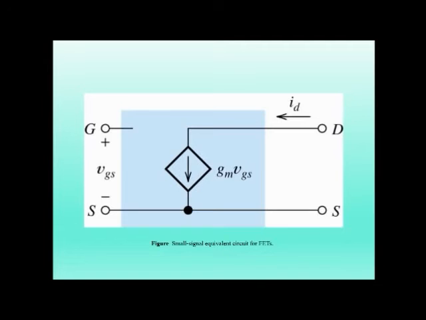Now this was about the small signal analysis or the small signal equivalent of the FETs. This is the open circuit VGS, gate source voltage, which is applied. This is the transconductance GM into VGS. This is a voltage source, and this VGS is responsible for the flow of ID current from drain to source.